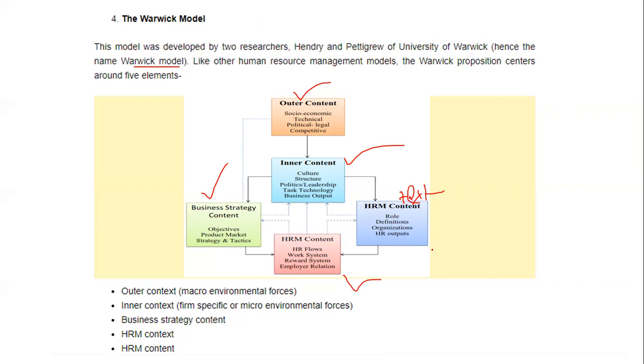Before we understand the model in detail, first let us understand the difference between content and context, because we have used both words here.